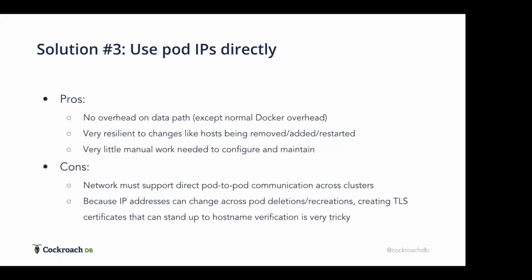We've only run it as a proof of concept in secure mode, because you have to have some sort of dynamic certificate creating and signing solution in order to create new certificates anytime a pod is given a different IP address than it had before. So this has worked really well for insecure deployments, and it's really fast and really easy to maintain. But setting it up for secure deployments is pretty tough.